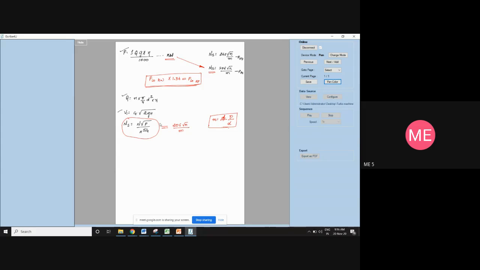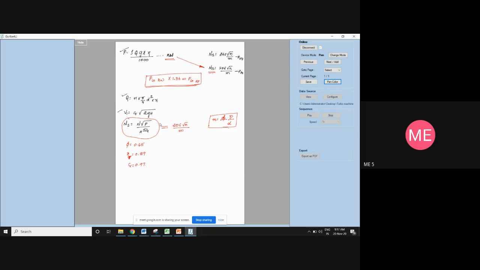What all data has he given? Speed ratio is equal to 0.45, overall efficiency is equal to 0.89, and Cv is equal to 0.97. These are all the formulas he has given, so with these you proceed further.